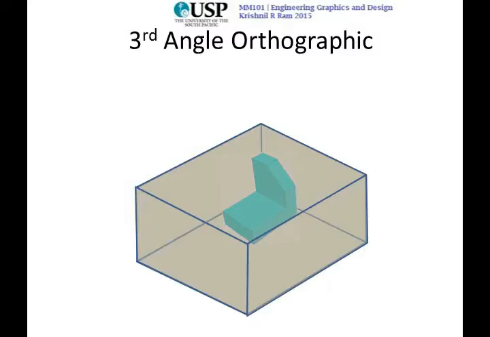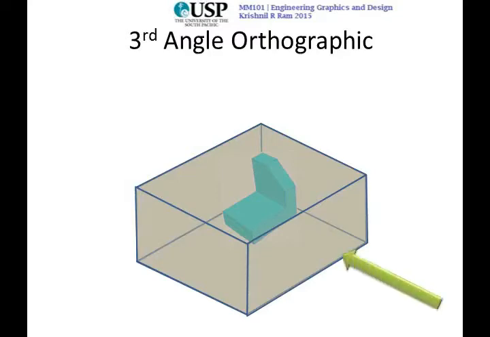Now in third angle orthographic projection, the rule is very simple. The plane that you are viewing from is the plane on which the view will go. So if you are viewing it from the front, your view will be made on that plane itself. So we say we draw on the nearest plane.